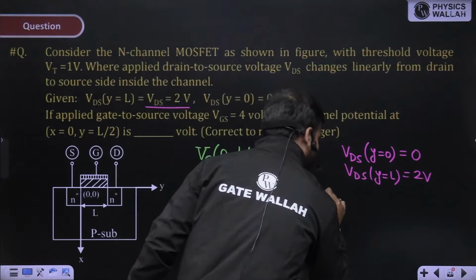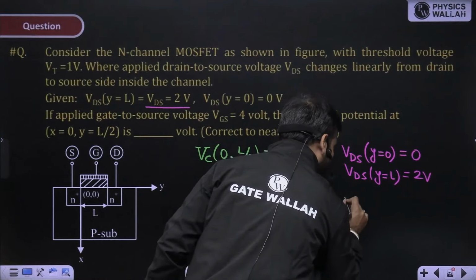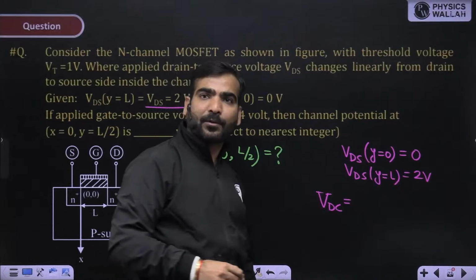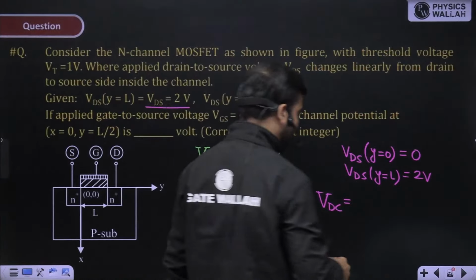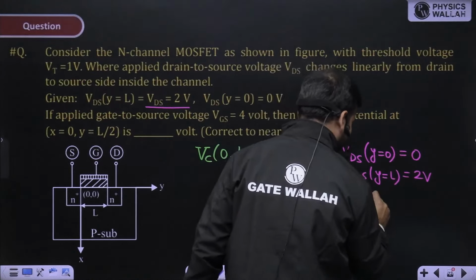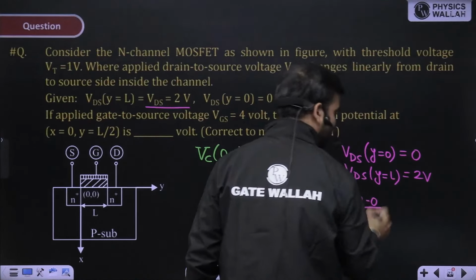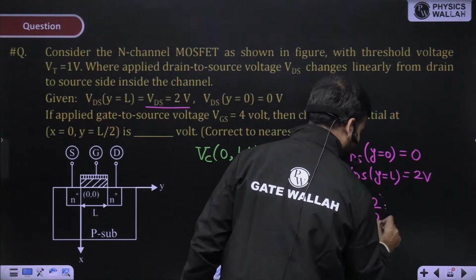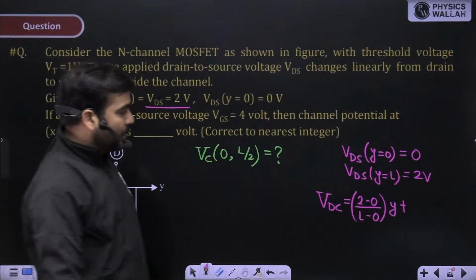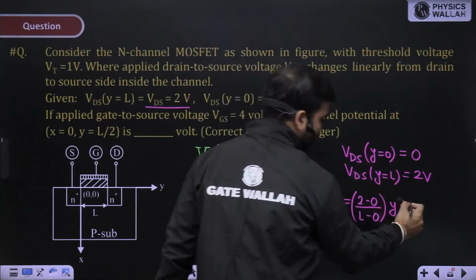So what is the equation for VDS? Then you can say y equals mx plus c. You can say something like 2 times the bracket 1 minus x upon L, or you can say the slope is 2 minus 0 upon L minus 0. At y equals 0 the value should be 0, that's why it is 0.